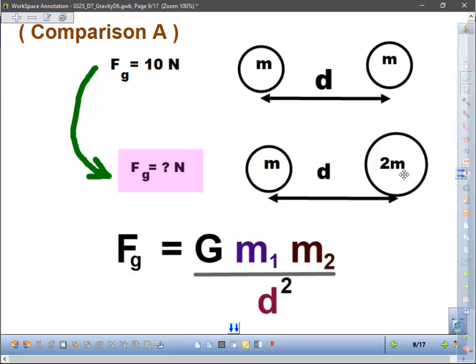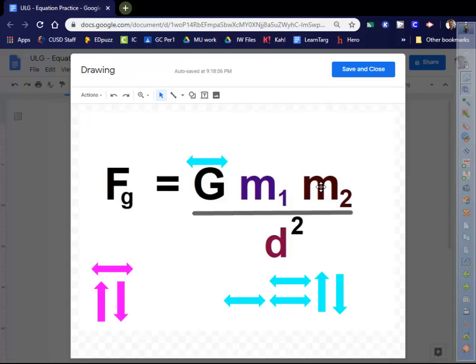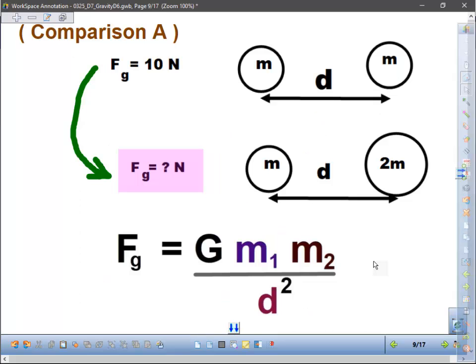Is the mass increasing, decreasing, or staying constant? What's going to go above mass 2? Well, it's going to be increasing because it was M and now it's 2M. You can even see it got bigger on my picture. So the mass increased, it got larger.